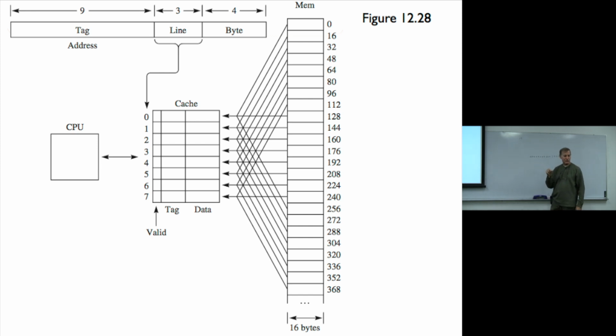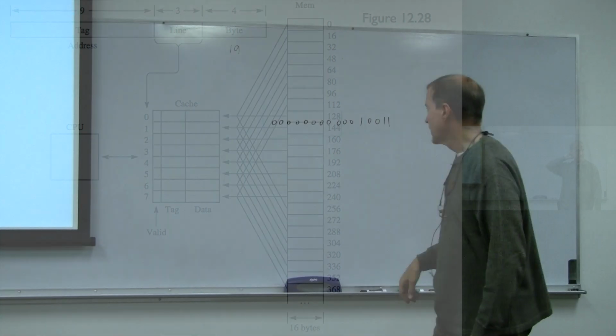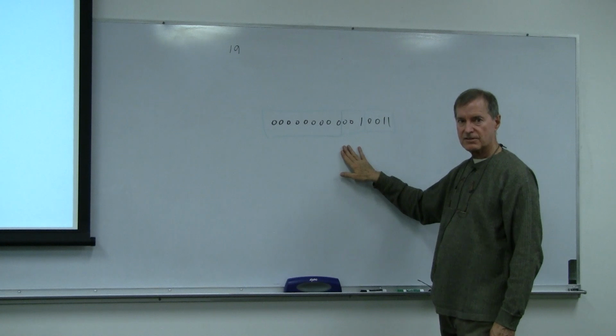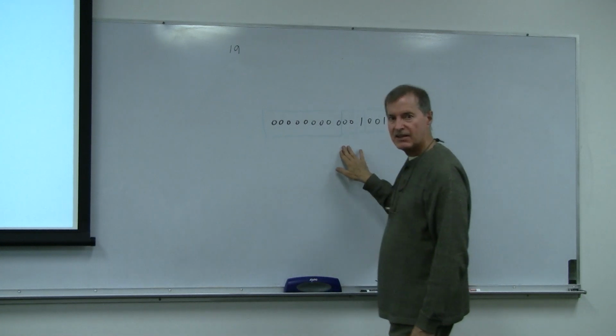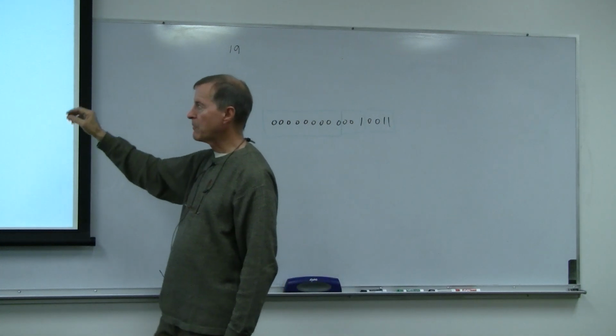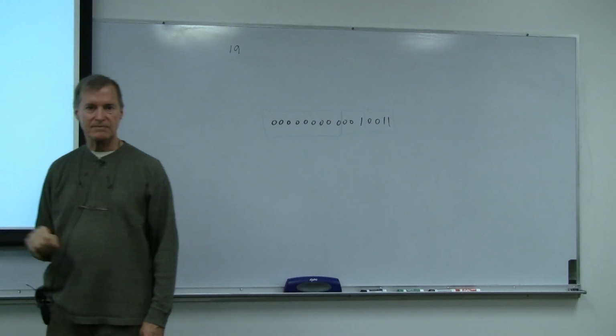So that's what the valid field does. It tells the system that we have loaded this, and it contains the copy of something in memory. This is the address. The data from memory is what goes into the data field.